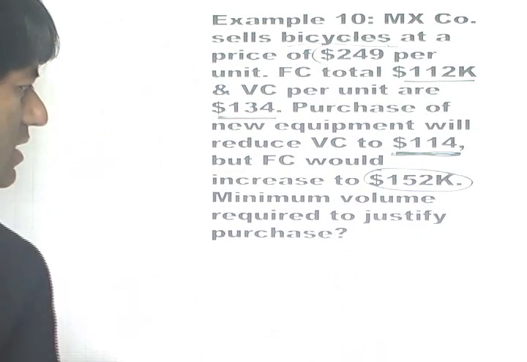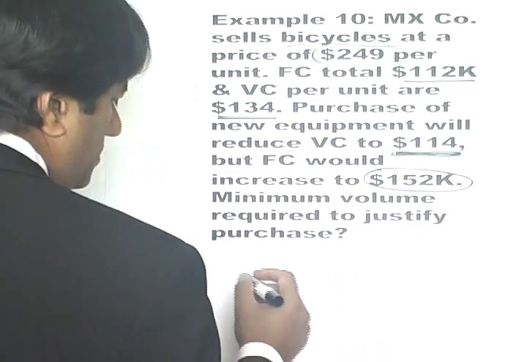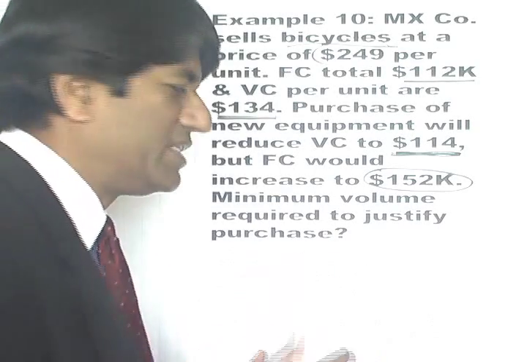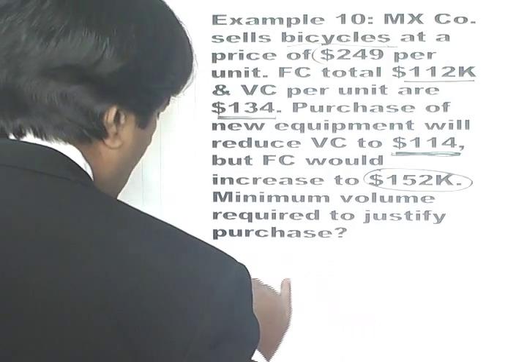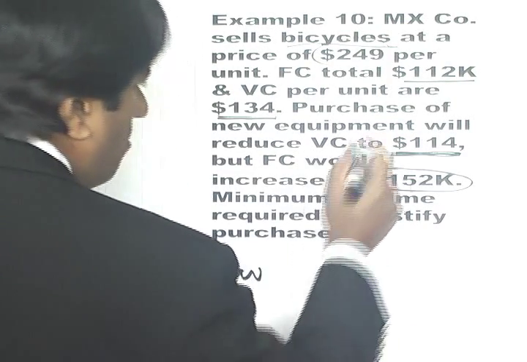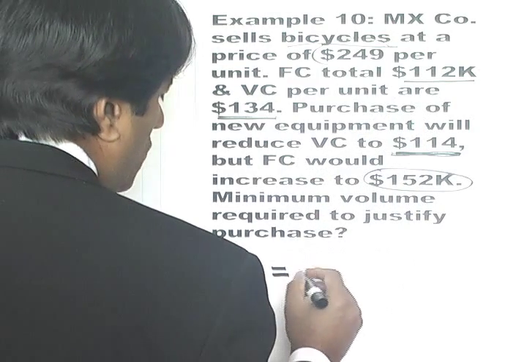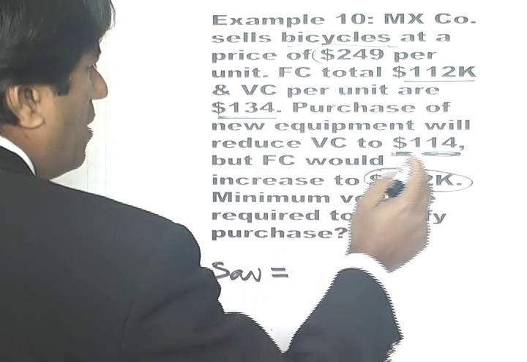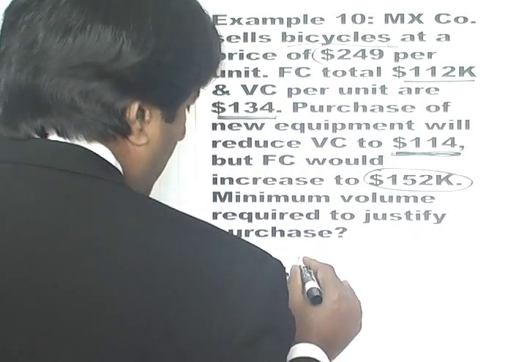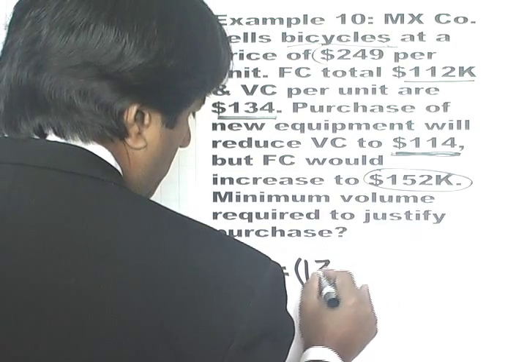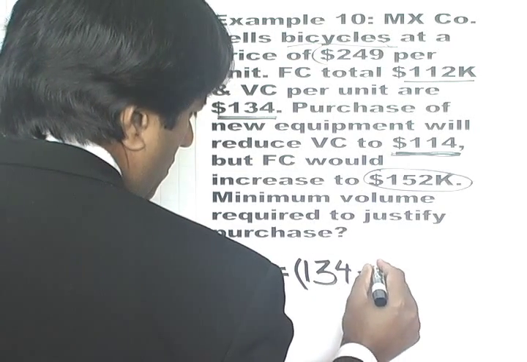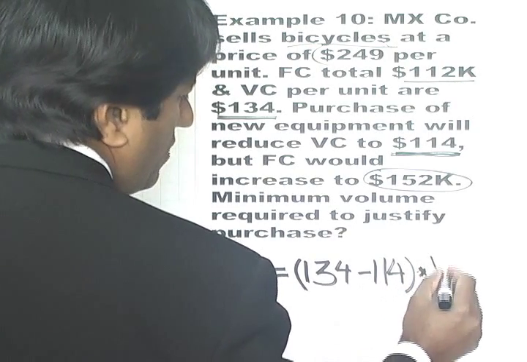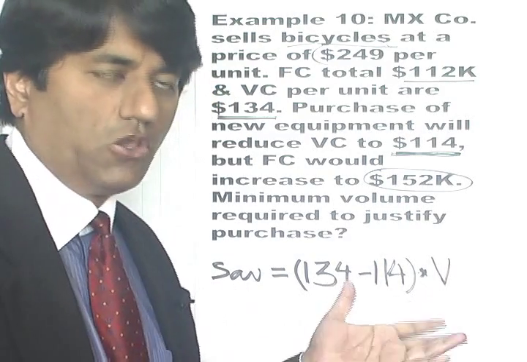So let us say that the number of units which the firm sells is V. So savings by this new equipment will be equal to the old variable cost of 134 minus the new variable cost of 114 into V, where V is the number of units, volume.